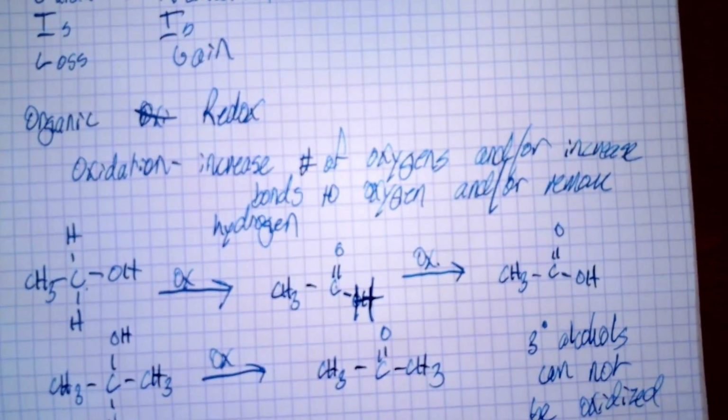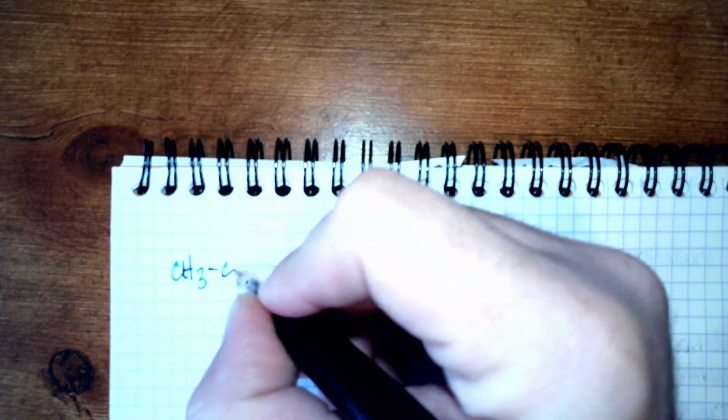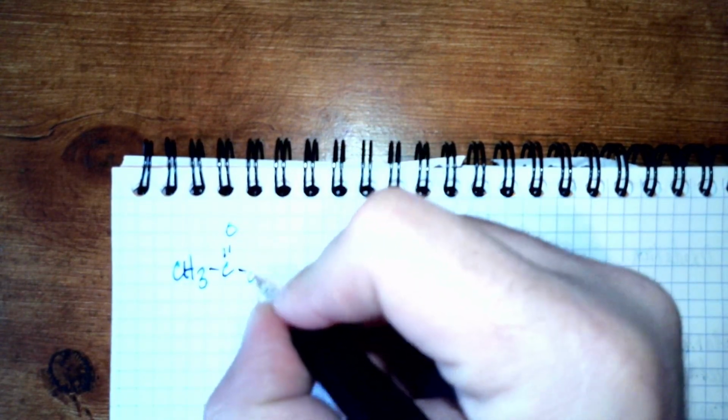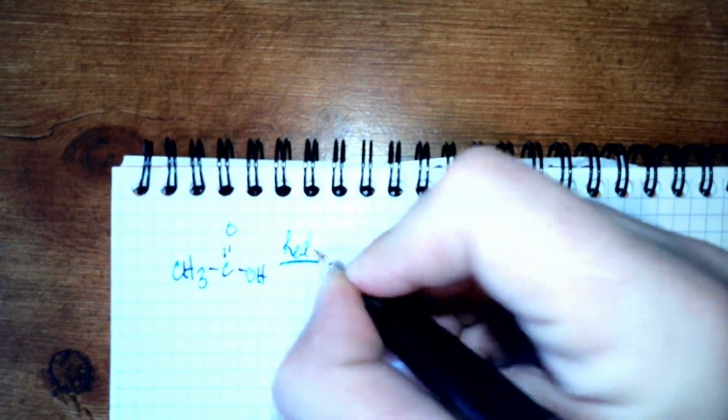Okay. Now let's talk about organic reductions. So if I have, let's say, a carboxylic acid, I could reduce this.